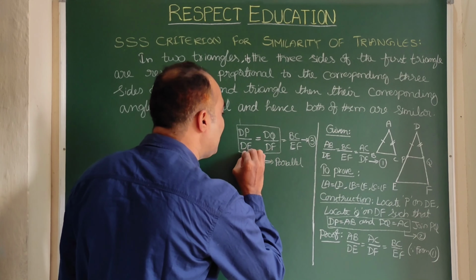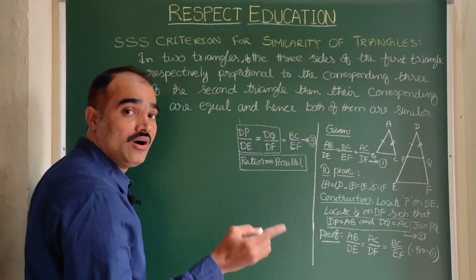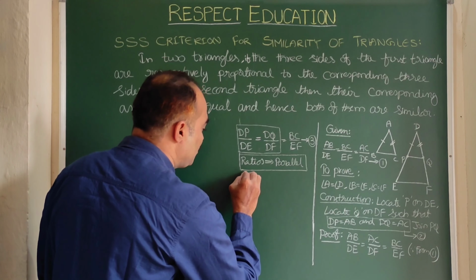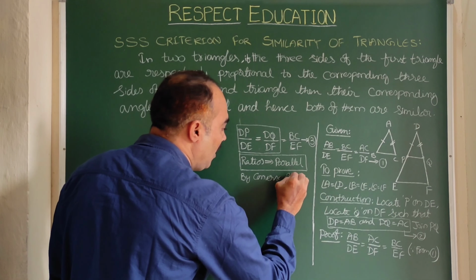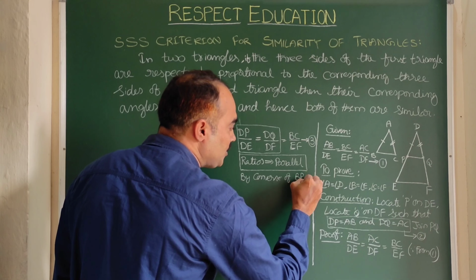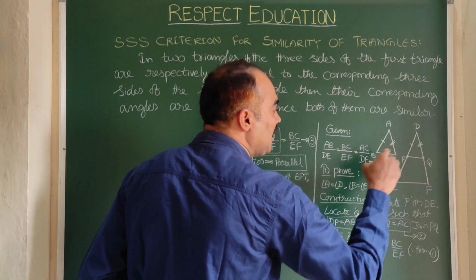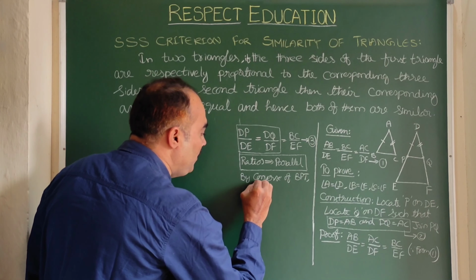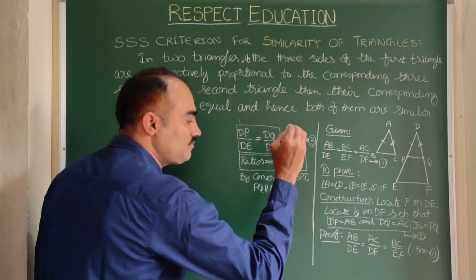This is by the converse of the basic proportionality theorem, so we can say that PQ is parallel to EF.